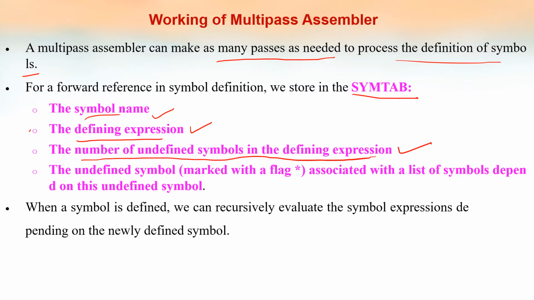Then the undefined symbol is associated with a list of symbols that depend on it; that is, the dependency list also should be included. When one symbol is defined, we can recursively evaluate the symbol expressions depending on the newly defined symbol. So we can see the example.